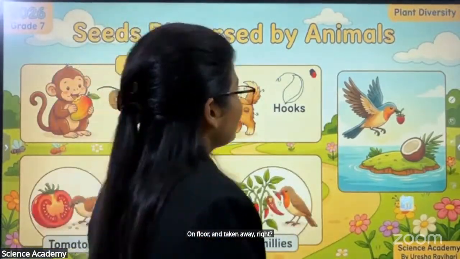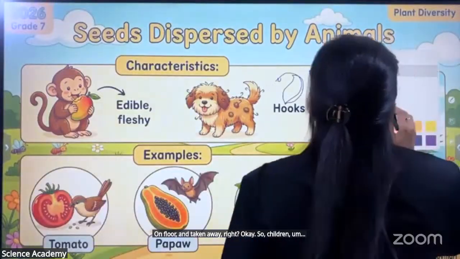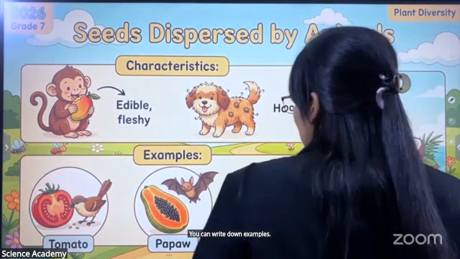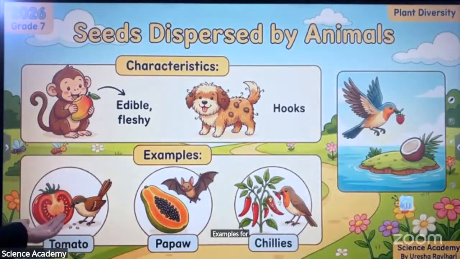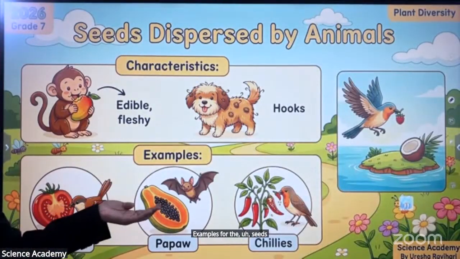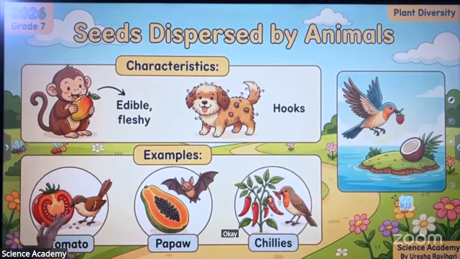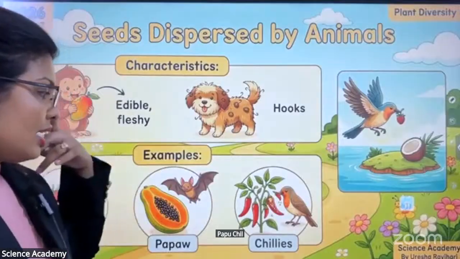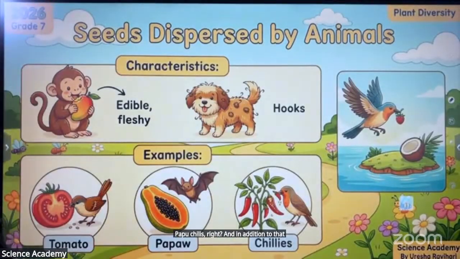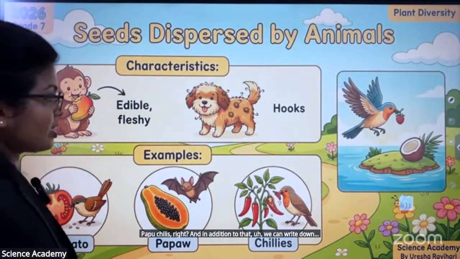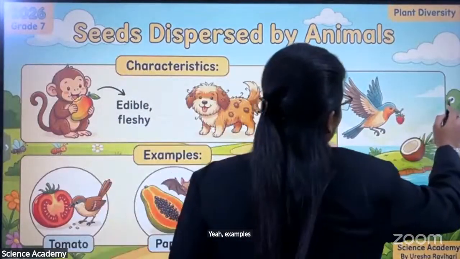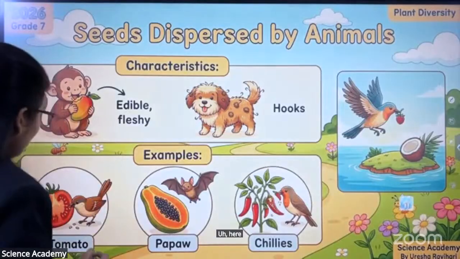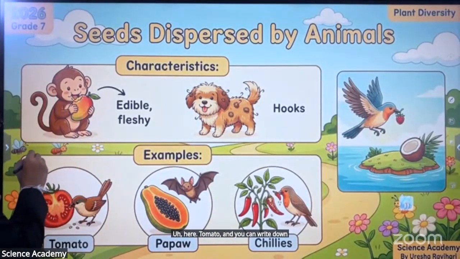Okay. So children, you can write down examples for the seeds dispersed by animals. Tomato, pepper, chilies, right? And in addition to that, I'm writing more examples here. Tomato, and you can write down these examples also.